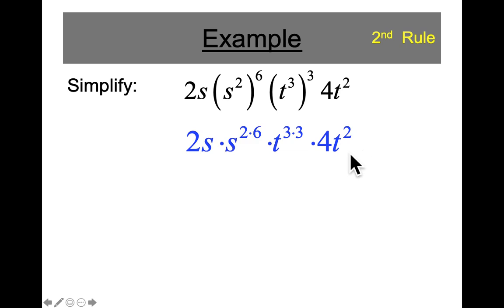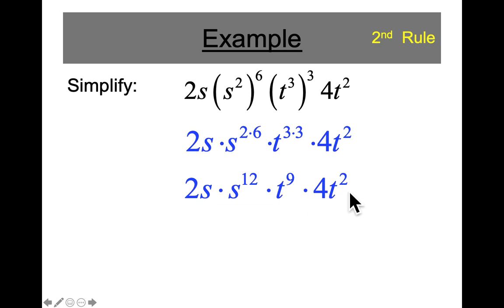Now we're going to go back and use the product rule again, because after we have done this multiplication, we have s to the 12th and t to the 9th. We've got s to the 1 and s to the 12th, then we have t to the 9th and t to the 2nd.